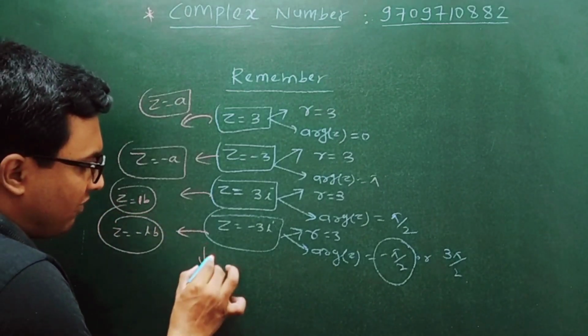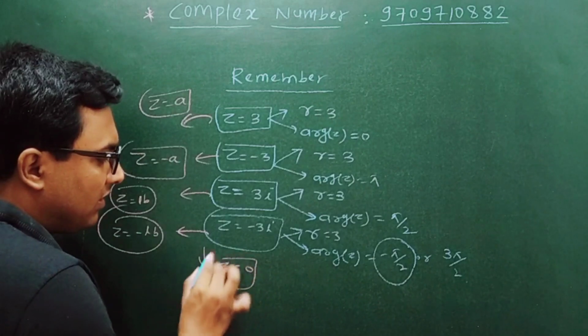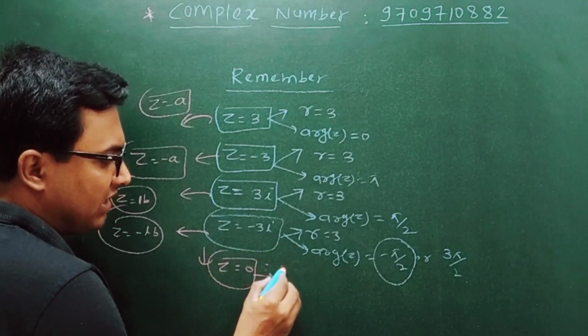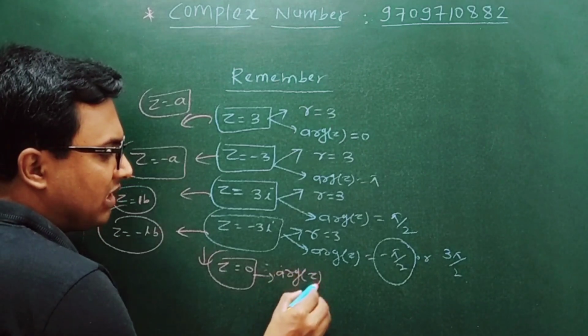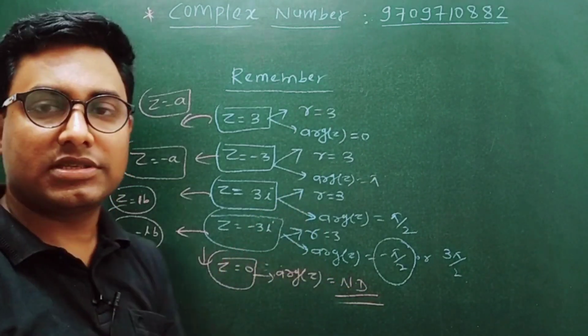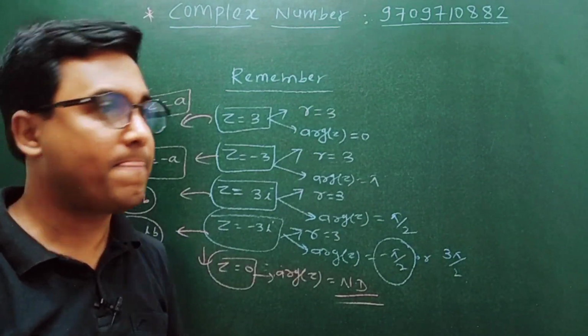And if z is equal to 0, then r is 0 and the argument of z is not defined.